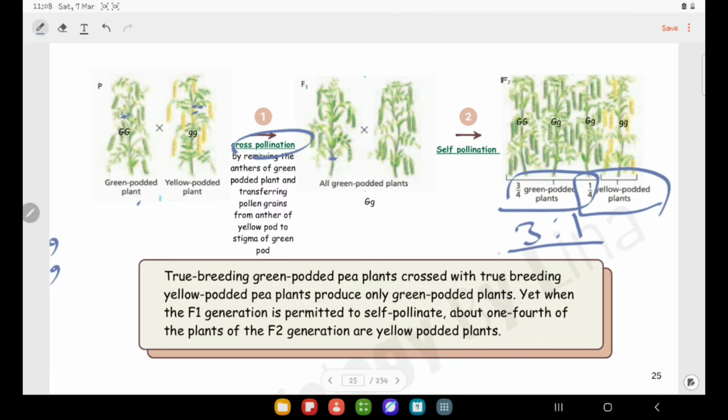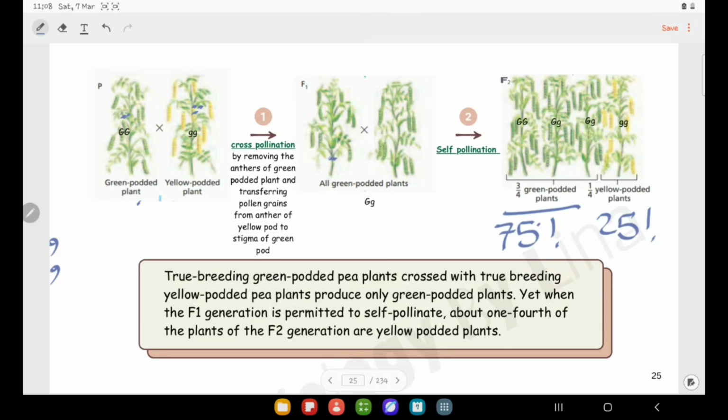From the 4, 3 are green and 1 is yellow, which is the recessive one. So in every cross that Mendel did, he found that in the F2 generation, the dominant appears in 75% and the recessive trait appears in 25%.